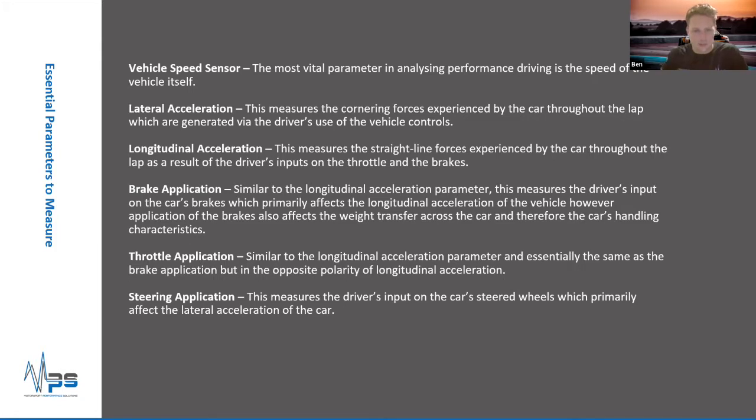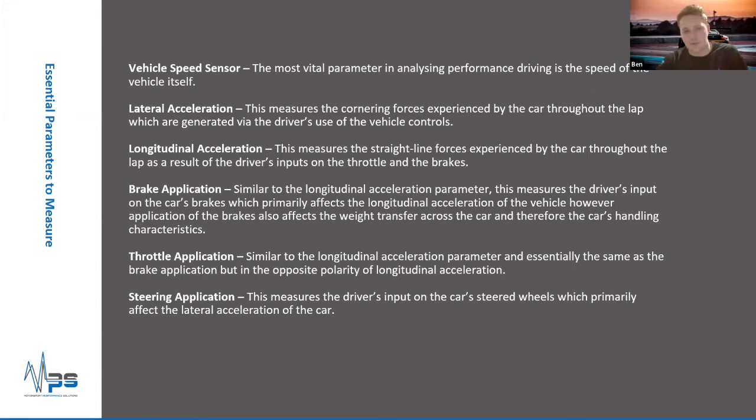The next is, it'd be easy for me to say brake pressure, but that's not necessarily true. You'll see later on in the slides I refer to the 80-20 rule. So what I've used here is the broad term application. So we want to be able to measure what the driver does with the brake pedal and how it affects the brake system.